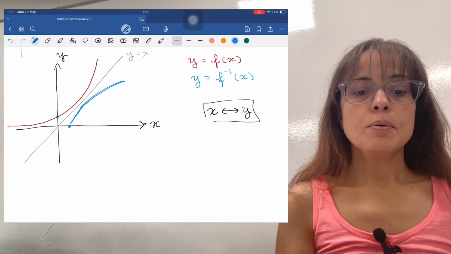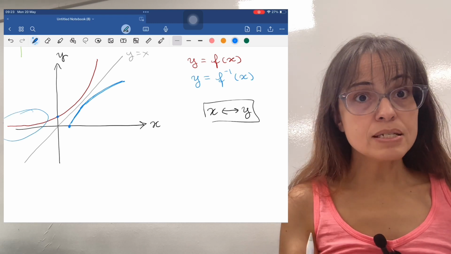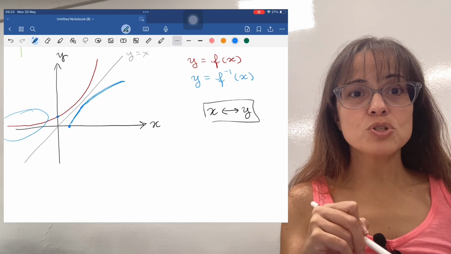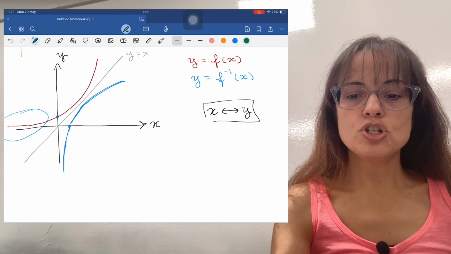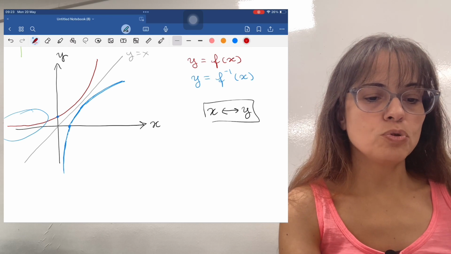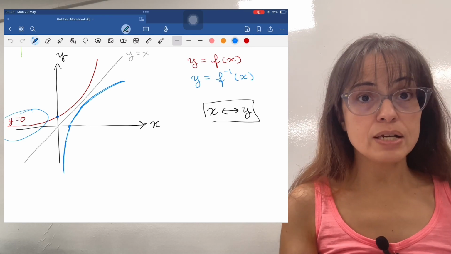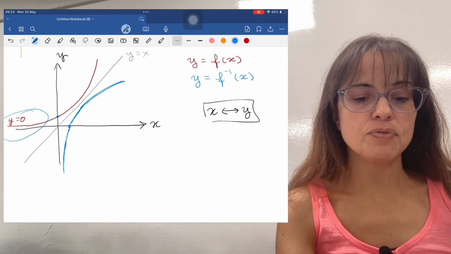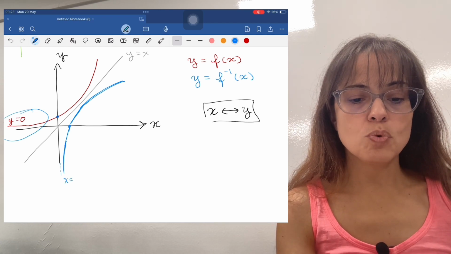But this red function here has a horizontal asymptote, which means that the blue one is going to have a vertical asymptote. The equation of the horizontal asymptote of the red one was y equals 0. And so I am switching x and y, right? So the equation of the vertical asymptote of the blue function is x equals 0.